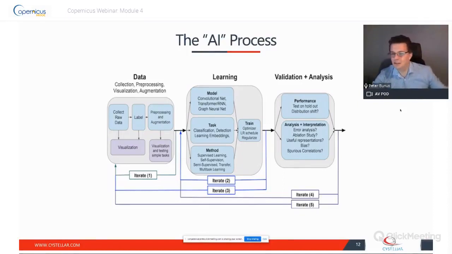Then there is a lot of processing, augmentation, so there are several iterations. Then you need to select the right model for the right task using the right method. You need to train it. And once the training is performed, you need to validate and analyze the results in several iterations, right?